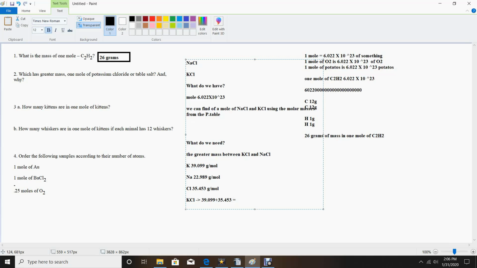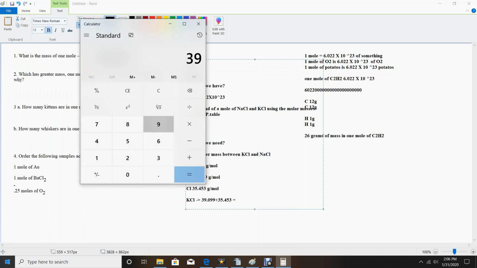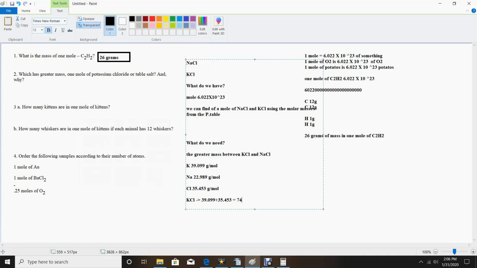And that's going to get us 74.552 grams per mole of KCl. All right, let's do sodium chloride, NaCl.